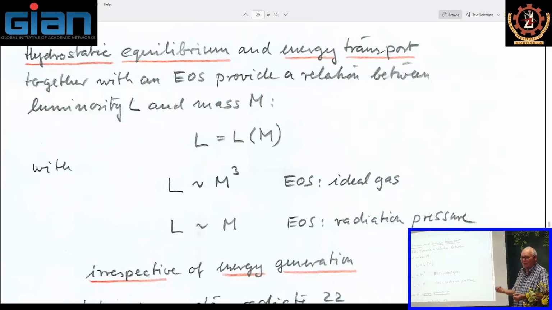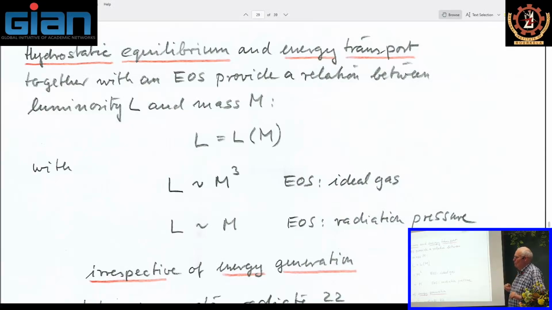It's like a cup of coffee. A cup of coffee is hot, hotter than its surroundings. The surroundings are usually cooler than the cup of coffee, so the cup of coffee will radiate because of its temperature difference with respect to its surroundings. The same is true for the star.